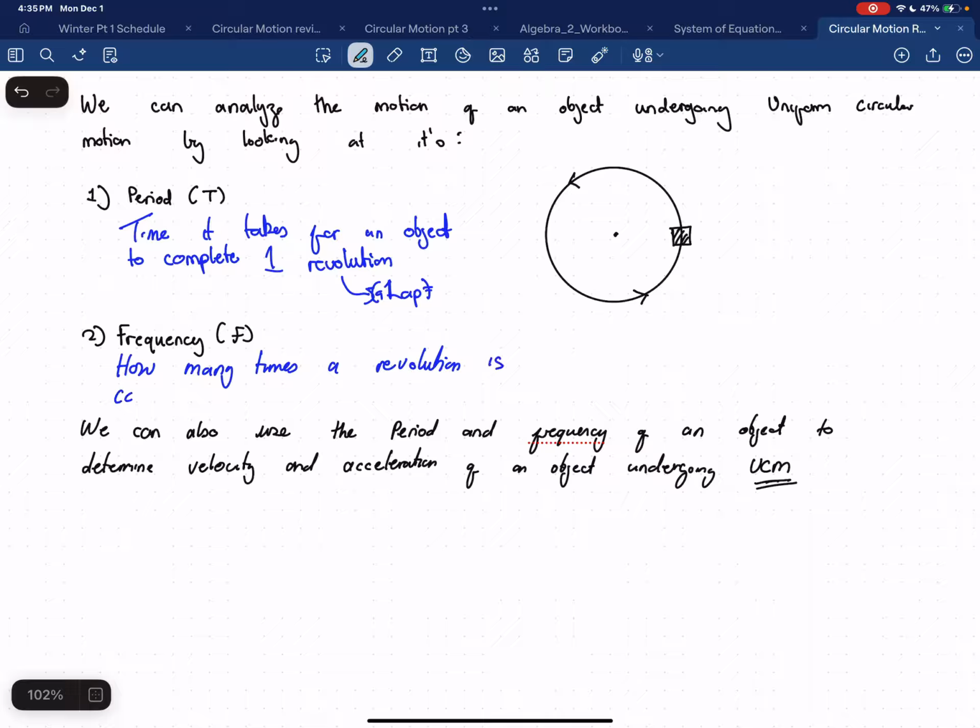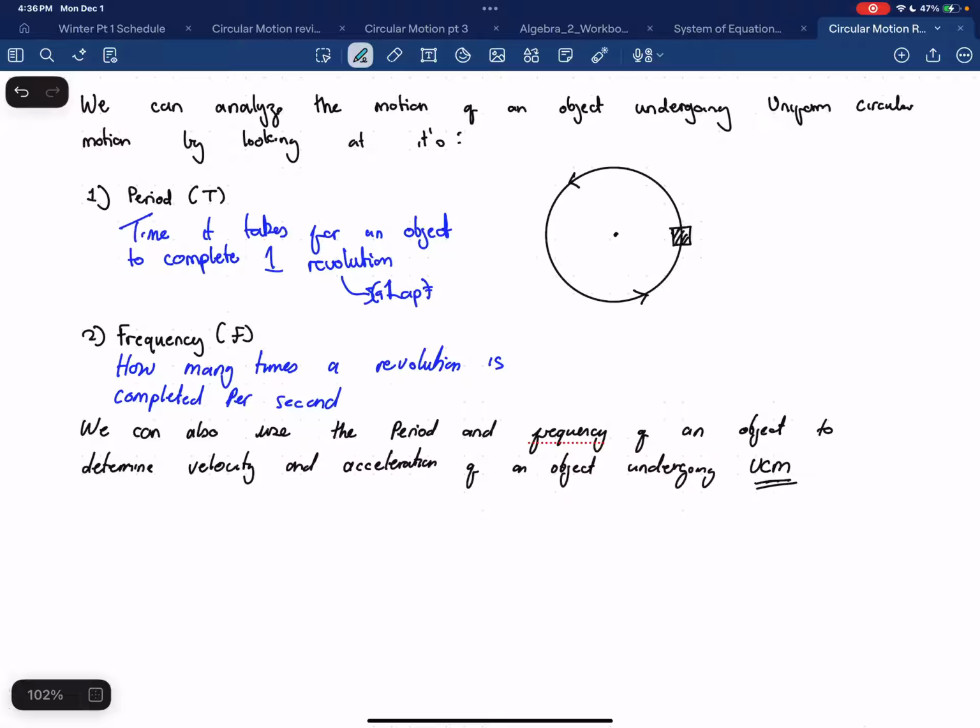You see, we have some shortcuts to denote these terms, and these terms are very important. It's important that you know them. To say period, we use a capital T, and to say frequency, we use a small letter f.